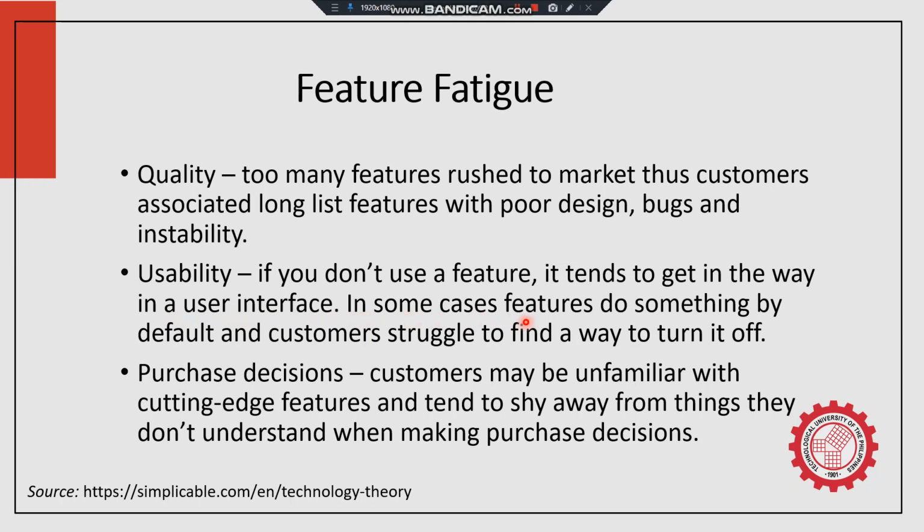So in some cases, features do not do something by default, and consumers struggle to find a way to turn them off. And for purchase decisions, customers may be unfamiliar with cutting-edge features. Yes, I'm not familiar. And they tend to shy away from things they don't understand when making purchase decisions. Ganun talaga sa akin.